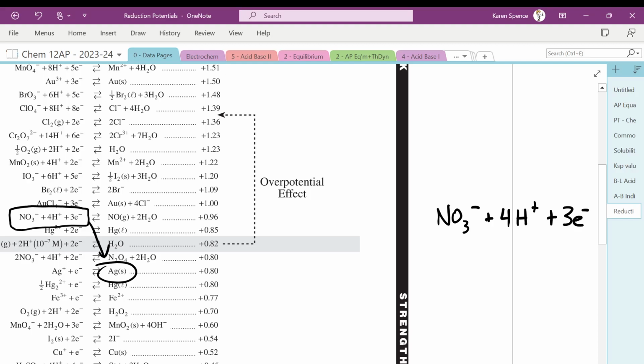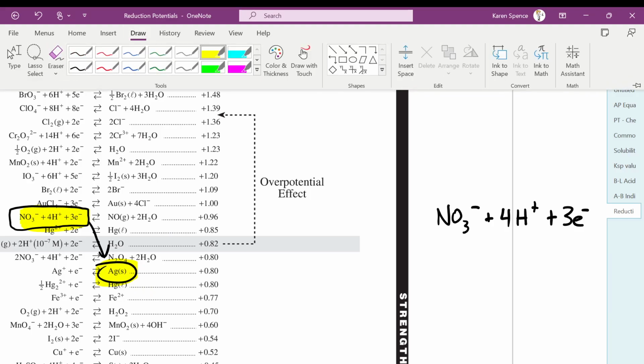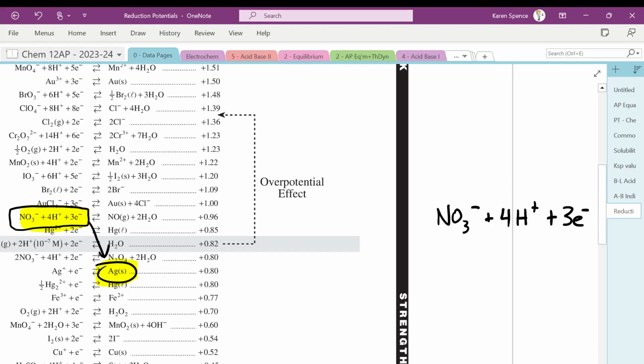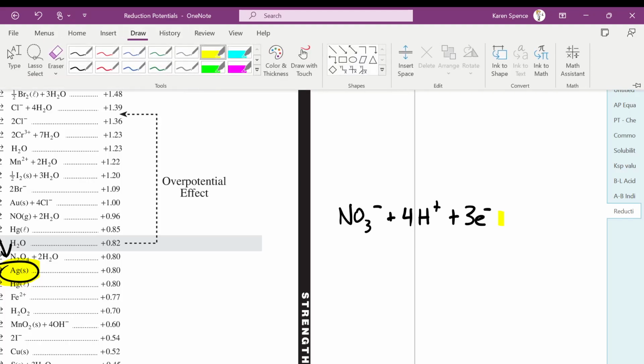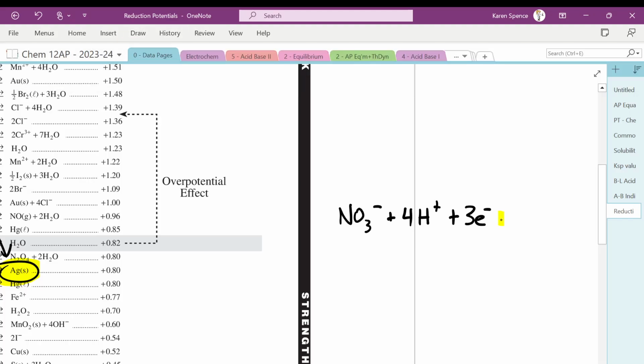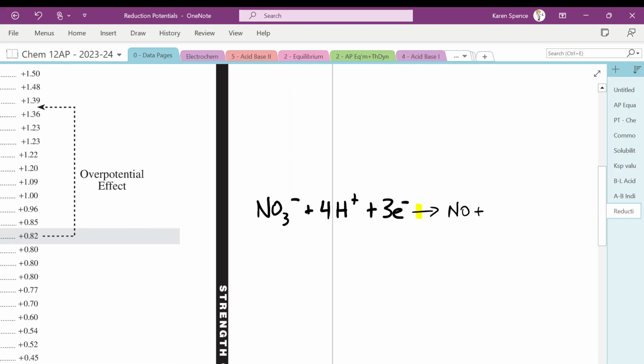That's going to go in the forward direction because this is my reactant here. And my other reactant is here. And so my products there are NO plus 2H2O.